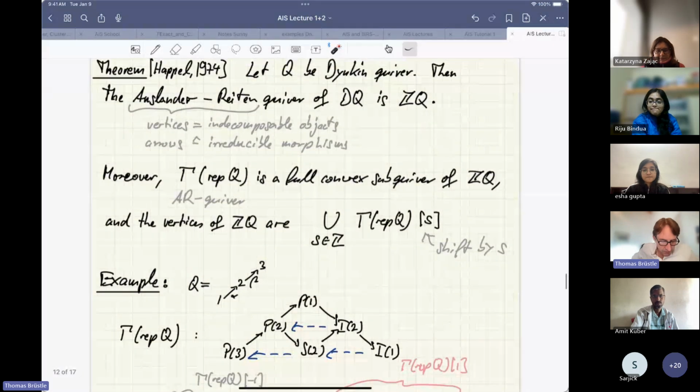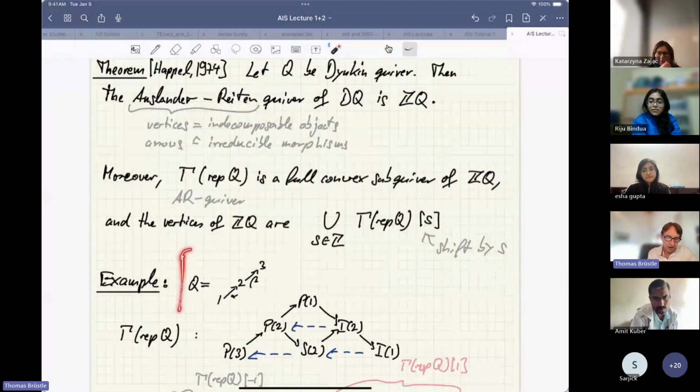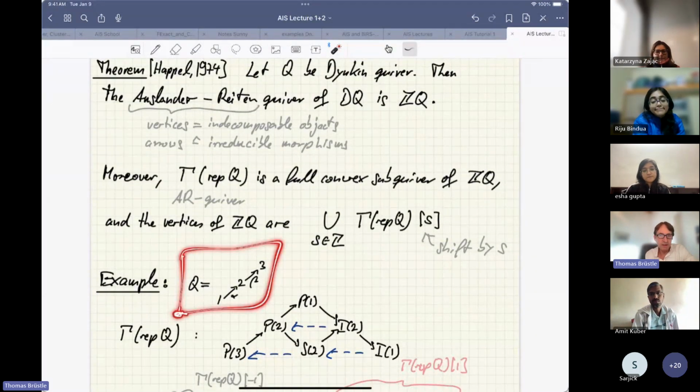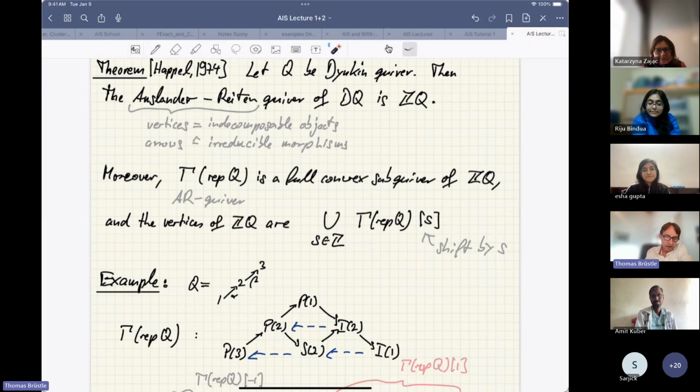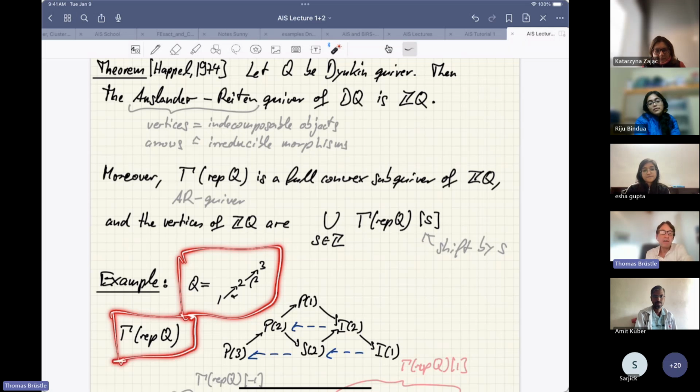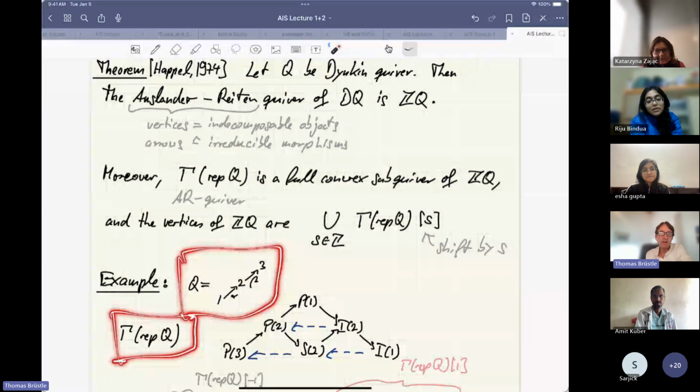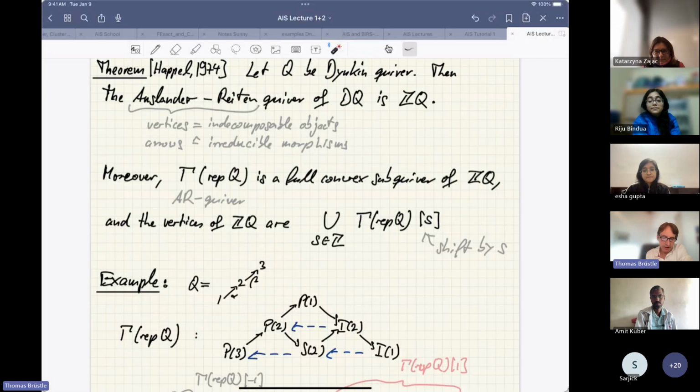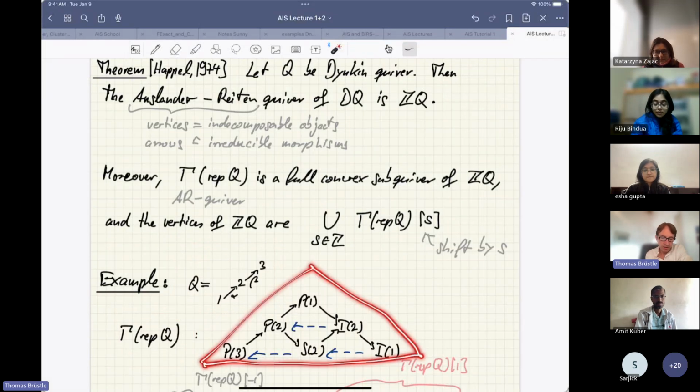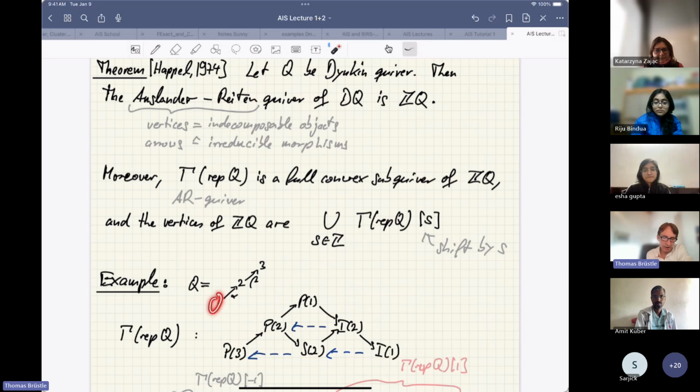So let's do the example A3, which I believe is complicated enough to see what's going on. For the example A3, I hope you have all seen what the indecomposable representations are. The indecomposable representations are given by that Auslander-Reiten quiver. For every vertex there's a projective: P3, P2, P1.